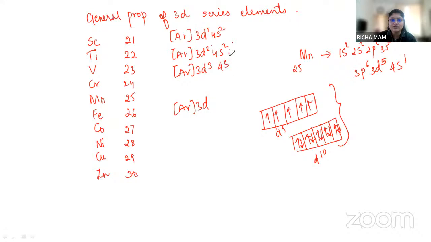This is 4s2. So this is scandium, titanium, vanadium, and now we have written this for chromium. Chromium is 24.